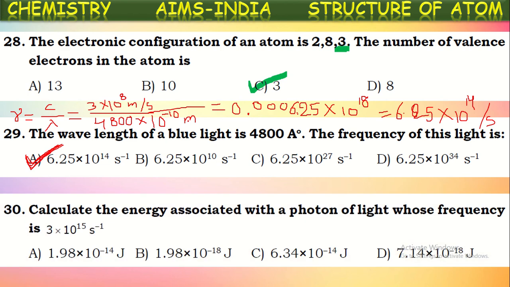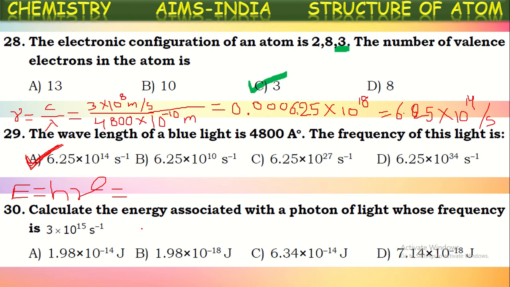Calculate the energy associated with a photon of light whose frequency is 3 into 10 to the power of 15. So here the frequency of the light is given, and we are asked to calculate energy. What relation do we have between the energy and frequency? This relation, E is equal to h nu, where E is the energy of the light radiation, h is Planck's constant, and nu is the frequency.